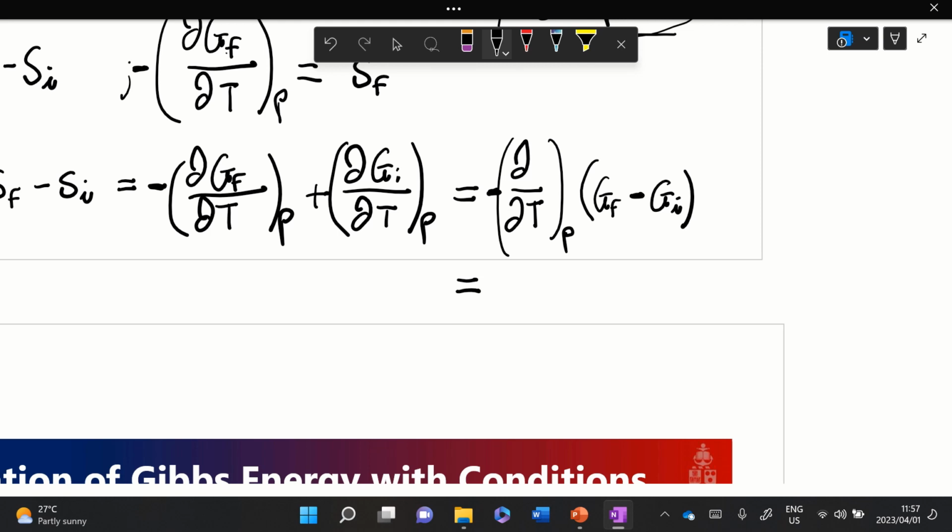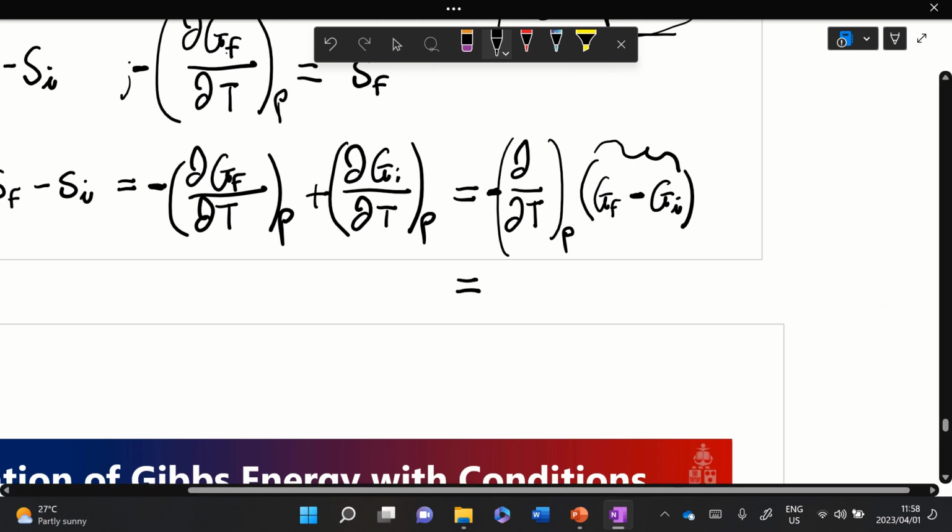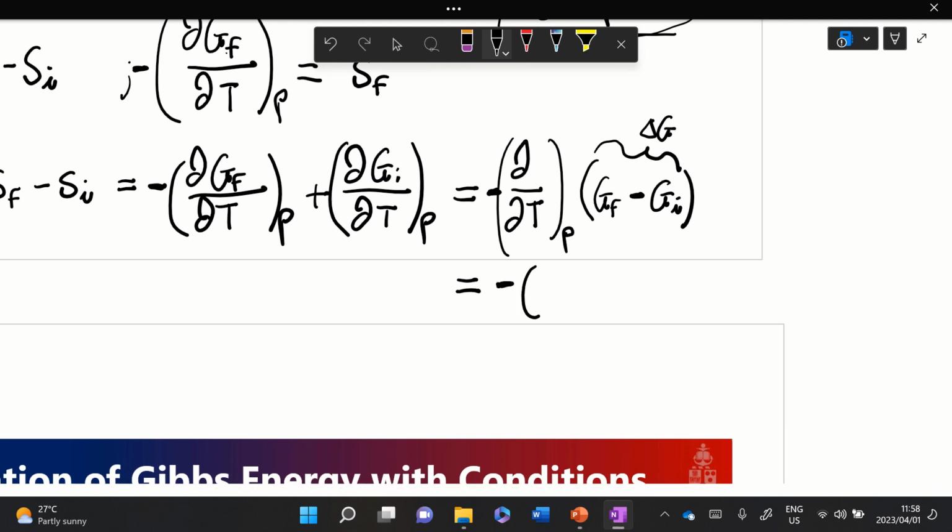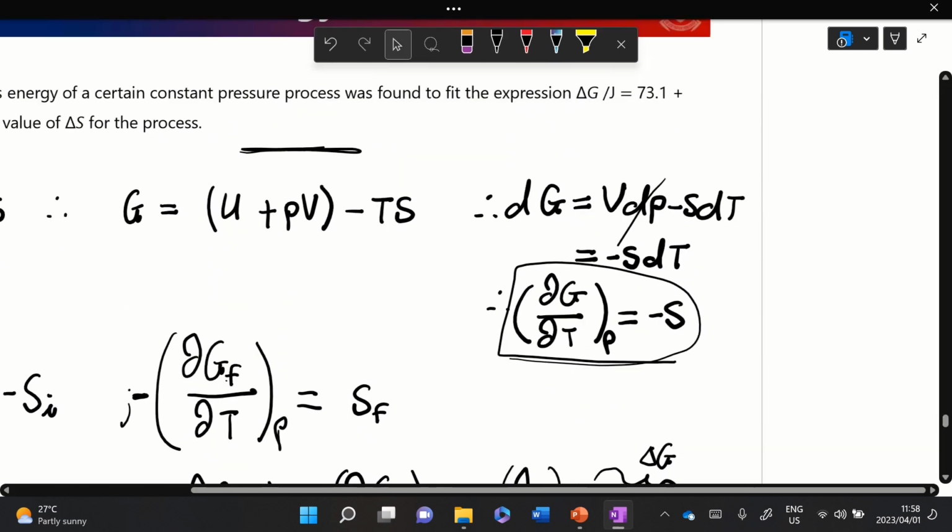We're left with that, and GF minus GI is what? That is the same as delta G. So then we can just plug that back in. So we have the partial derivative of delta G with respect to T at constant pressure. It's the partial derivative of the change in Gibbs energy with respect to T at constant pressure, which is exactly what we're given.